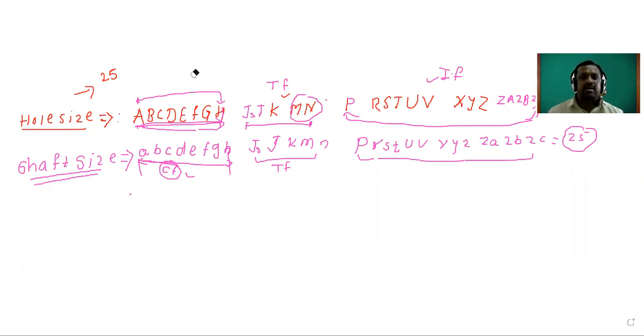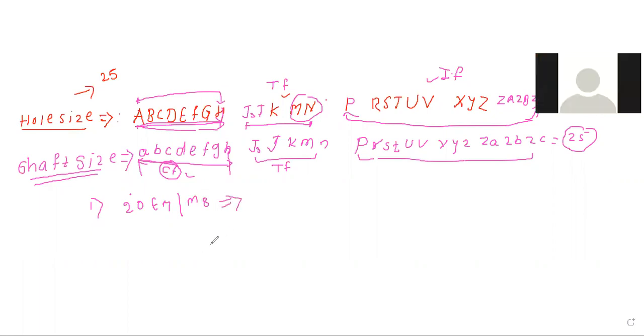Okay, so can I take one or two examples here? I will write down the example, you have to tell me. 20E7 slash small m8. Tell me the type of fit here. Transition fit.